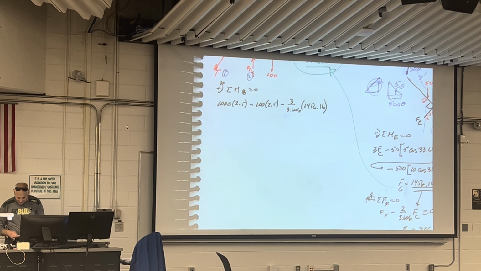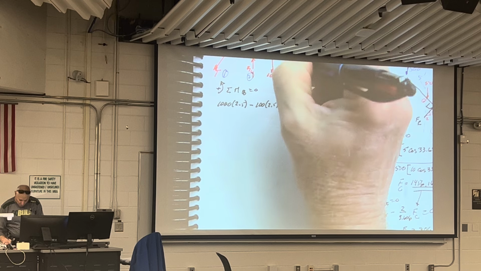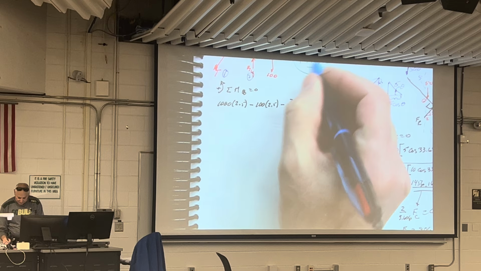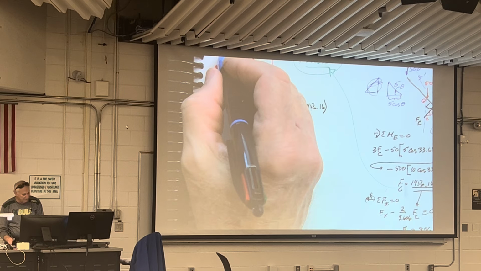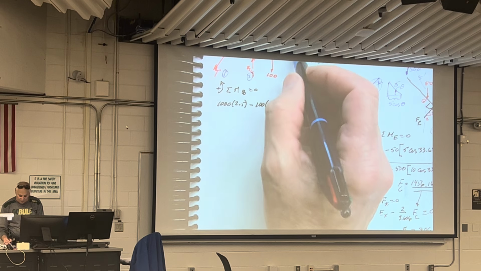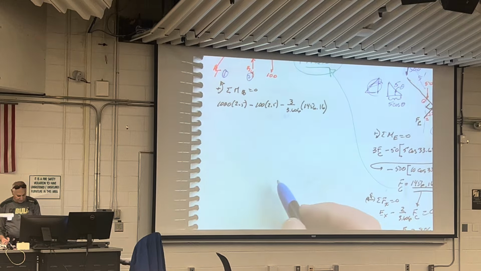Remember, this guy has two components, one in the y, one in the x. That x is gone because its line of action goes through B, so I'm doing the y component.